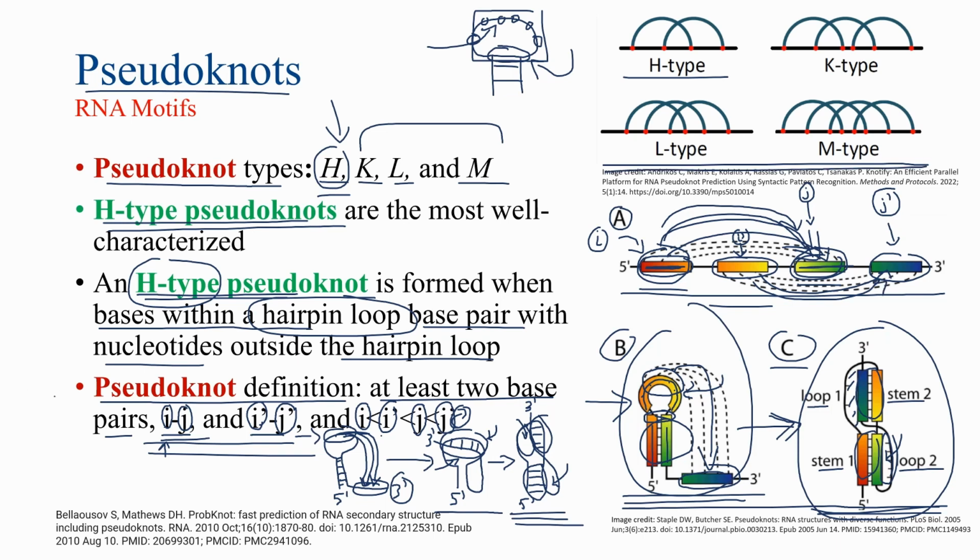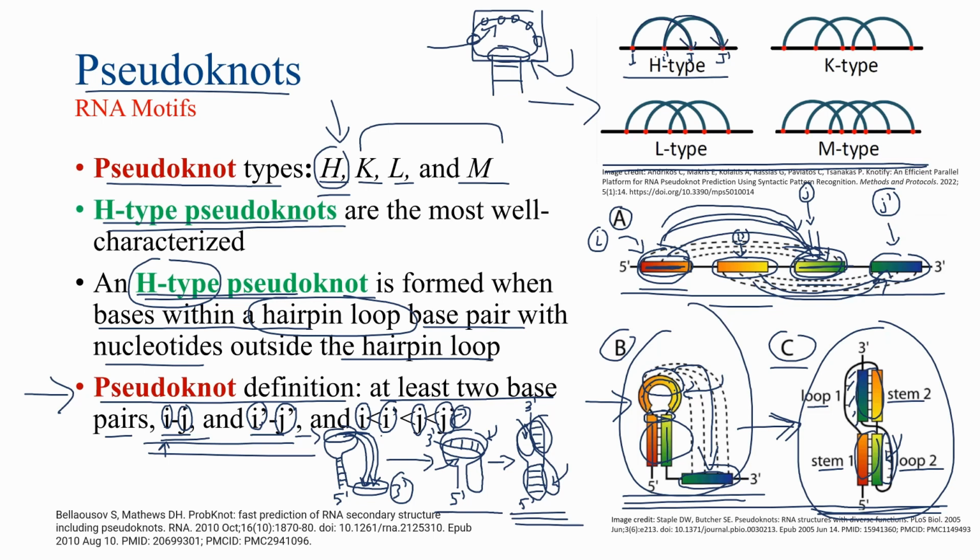So we can apply this definition to the figure that we see in the top. If we call this an I region, and we call this an I prime region, and we call this a J region and this a J prime, notice that the I will base pair with the J region, and then the I prime will base pair with the J prime region.